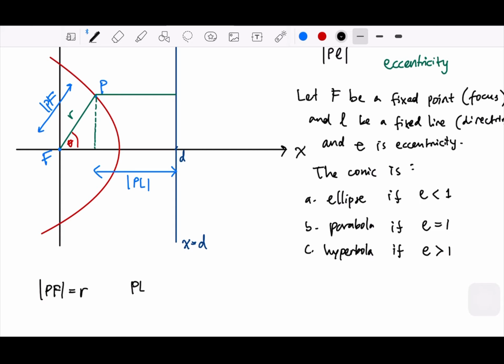PL, if you look at the picture, the distance from F to the directrix is just D. So PL will be D minus the distance from F to P, which is r cosine theta. So PL will be D minus r cosine theta.